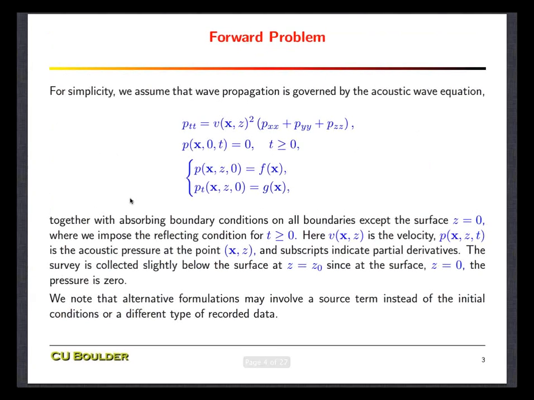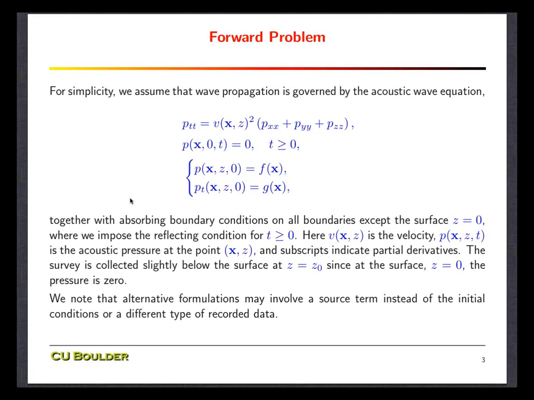So let's take this equation as the equation governing the wave propagation. It's a scalar wave equation with just one parameter, which is velocity or index of refraction. The forward problem to consider is a half space.